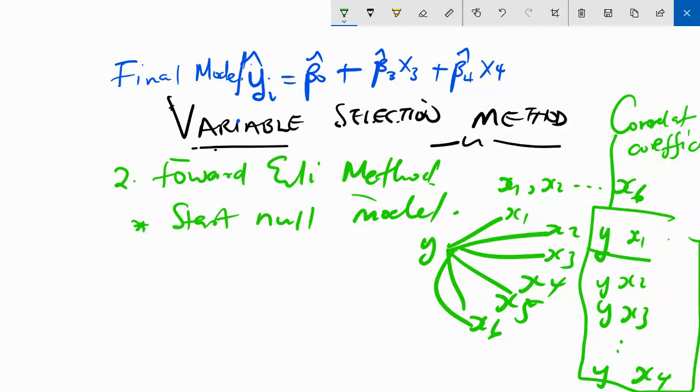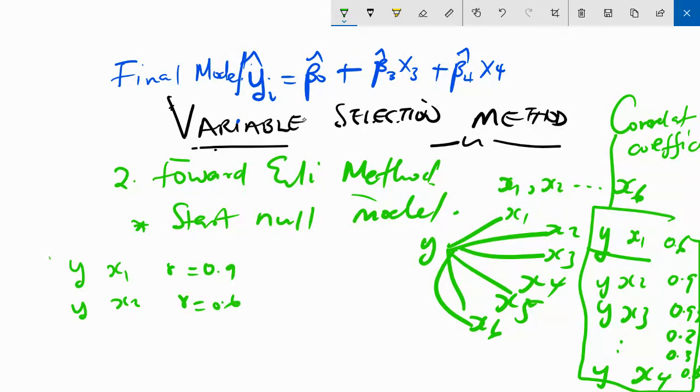So suppose r between y and x1 is 0.9. I'm just giving an example here.